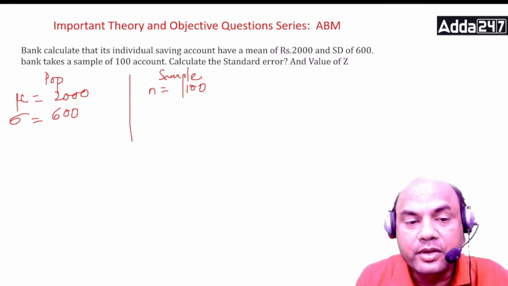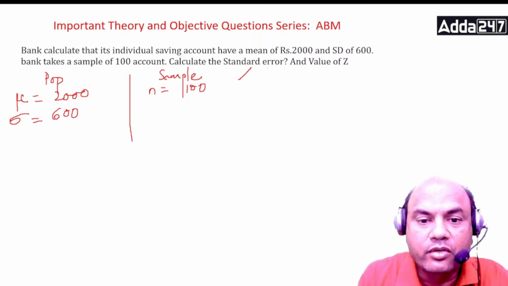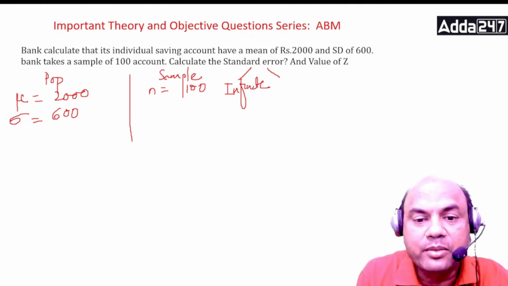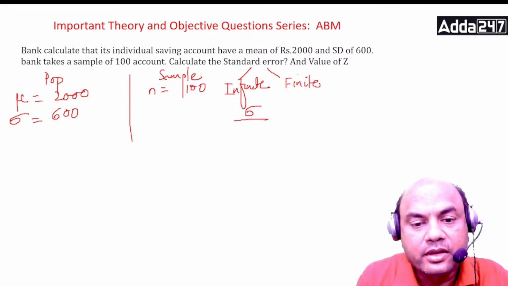So what are the formulae for that? Standard error has two types. One is infinite population and the second is finite population. For infinite population, the formula is sigma upon root of n, where sigma means standard deviation.